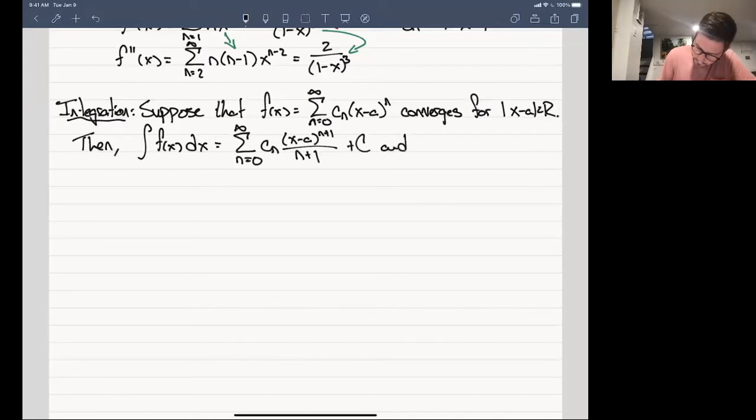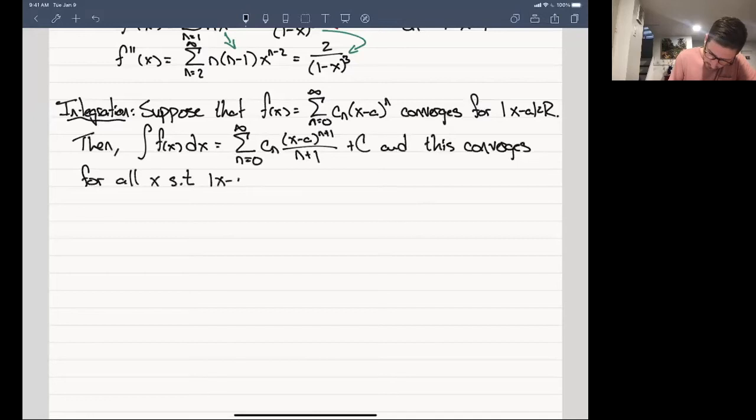And this converges for all x such that the absolute value of x minus a is less than r. So again, integration is awesome, right? Think about all of the annoyance, all of the trouble that integration has caused you so far through this course.